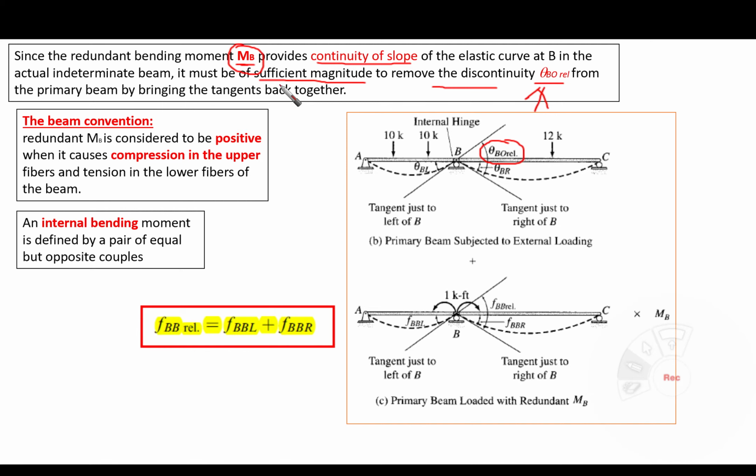So in this case, we are claiming that with MB removed and only the external load being applied, if we add to this system the same primary system but loaded with the redundant MB, the redundant is loaded by adding a unit moment at point B and multiplying it by the redundant.